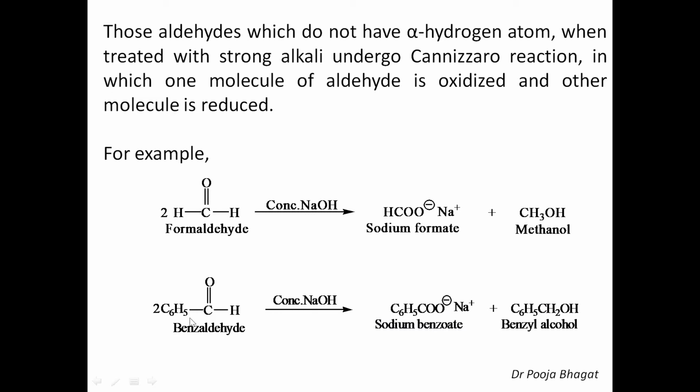And another molecule of benzaldehyde gets reduced. So on reduction, it gives CH2OH. So C6H5CH2OH. This C6H5CH2 group is called benzyl group. So this is benzyl and alcohol is attached to it. So it is benzyl alcohol.